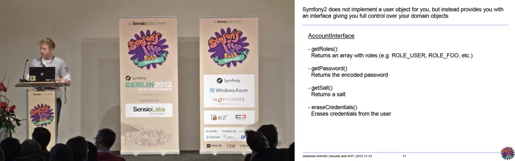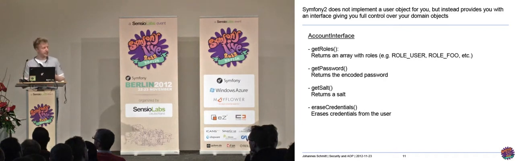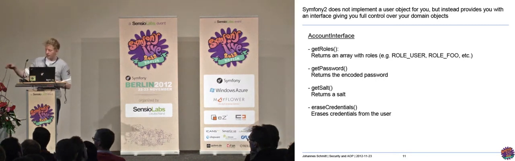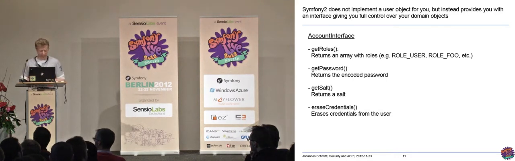And last but not least, the equals method, which basically compares this account interface to another account interface, which we use to see if the user has changed. And you can also implement that, but it's optional because we also have a default implementation in the core component.